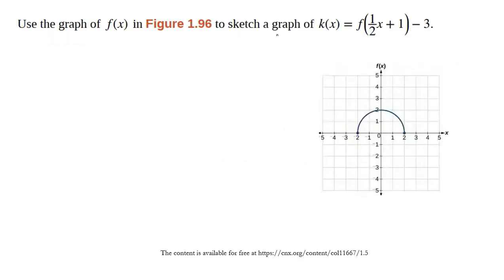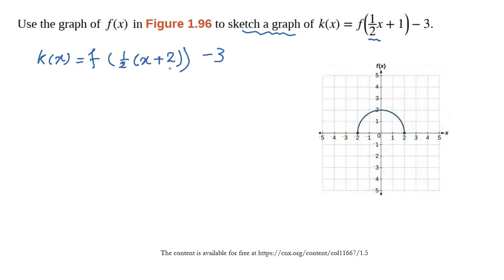Use the graph to sketch k of x equal to f of 1 over 2 times x plus 1, minus 3. So first let's factor 1 over 2 inside the parentheses. So k of x is equal to f of 1 over 2 times x plus 2, minus 3.